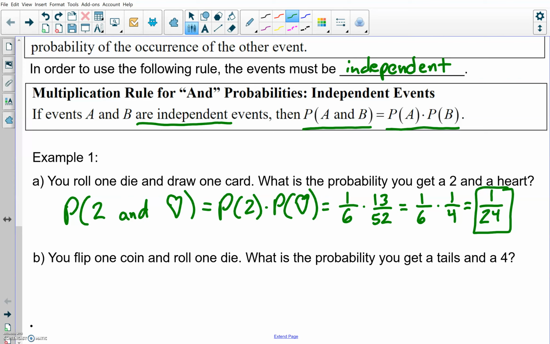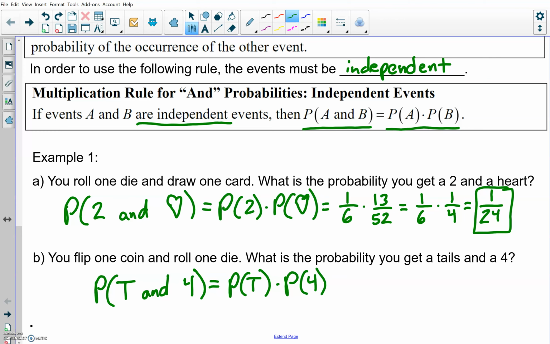So the next one here, you flip one coin, roll one die. What's the probability you get a tails and a 4? So similar to what we saw up above. Probability of tails and the 4. This is going to be equal to just the probability of tails times the probability of 4, because the tails, the coin, is independent from what's happening on the die.